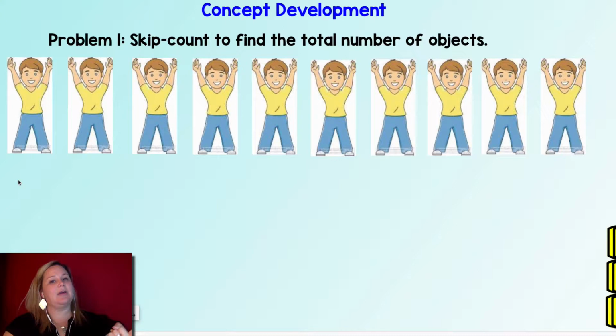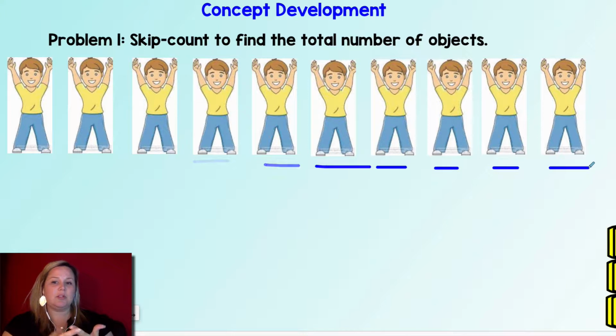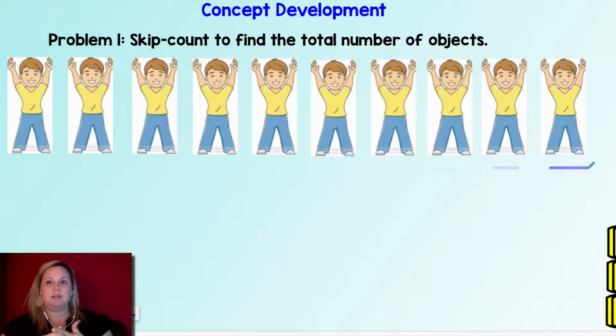Okay, so let's skip count by 2s. First, we're going to start at 2, and we're going to go 2, 4, 6, 8, 10, 12, 14, 16, 18, 20. Okay, turn and whisper to your partner, what is the total that we counted to? Right on, friends.